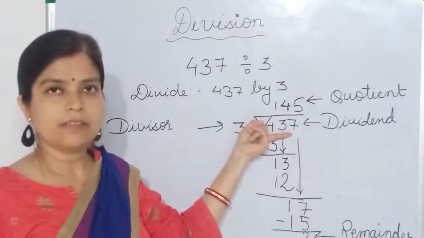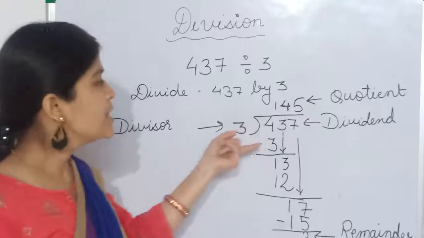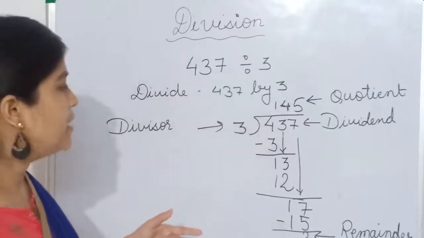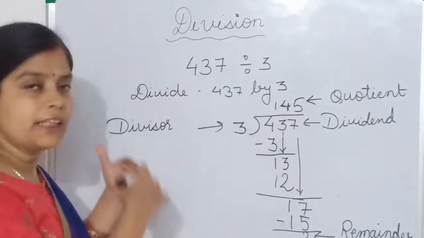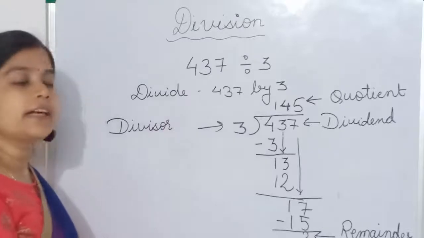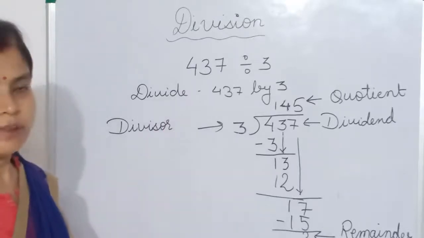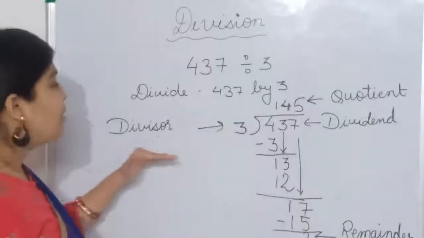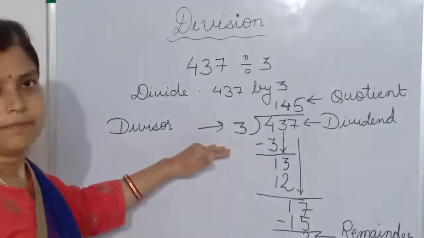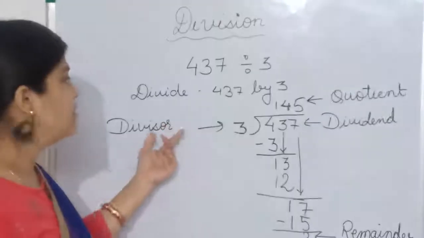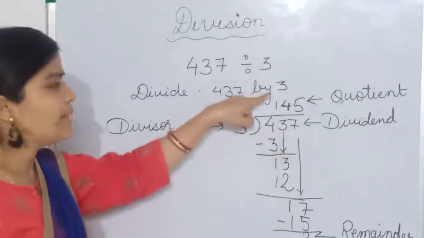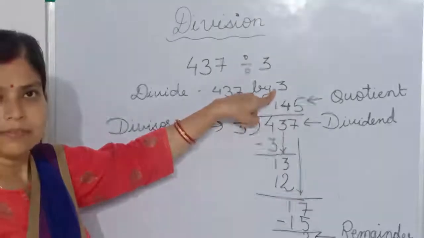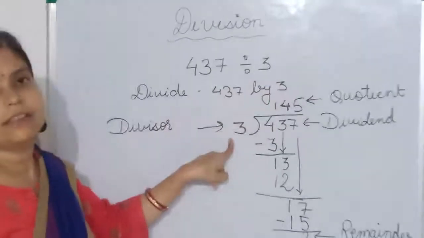What is this number? The number which is being divided, the number which we are dividing, that is known as dividend. And the number by which we are dividing, that is known as divisor. We are dividing this number by 3 only, so 3 is divisor here.